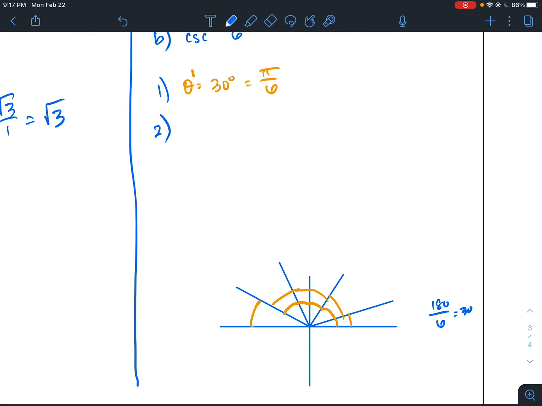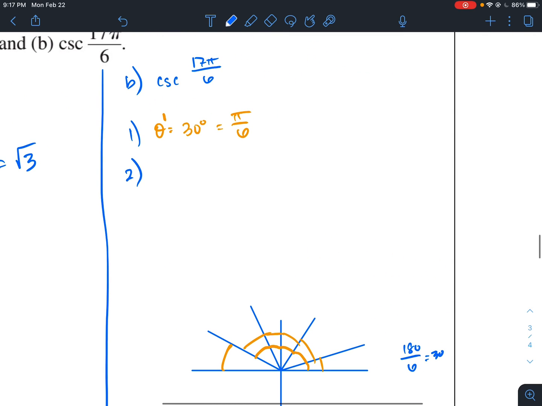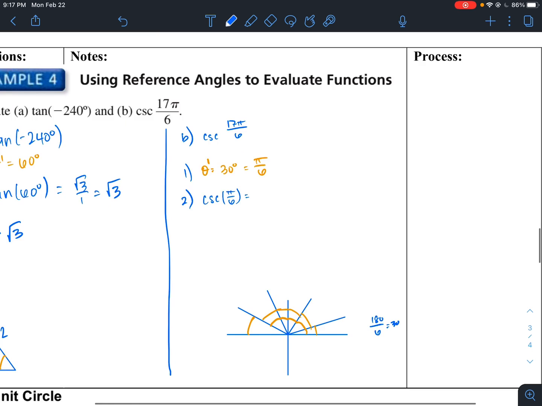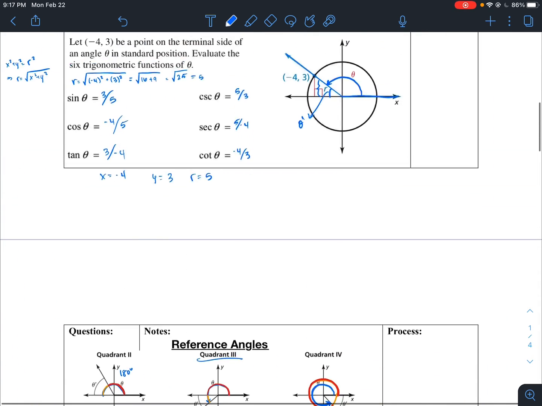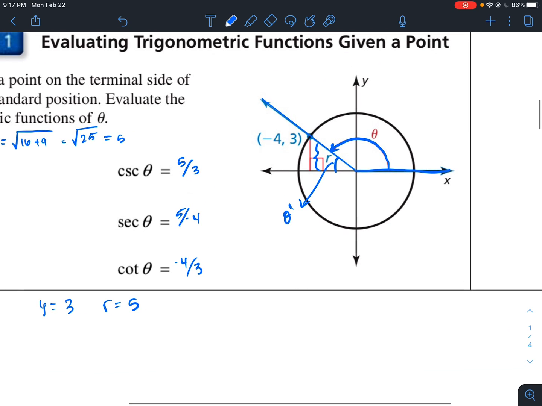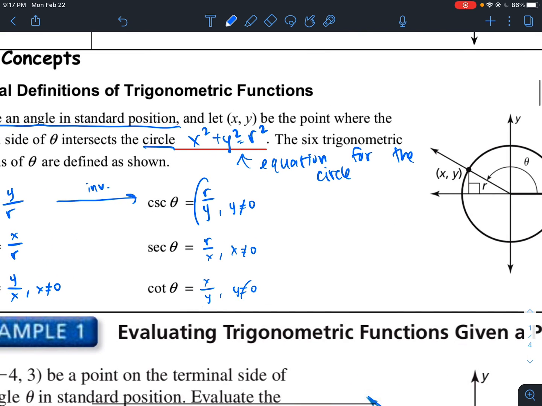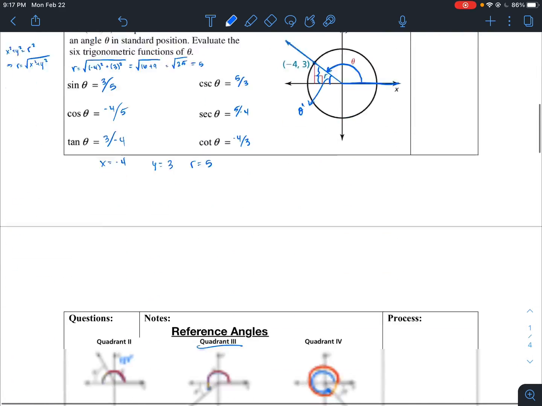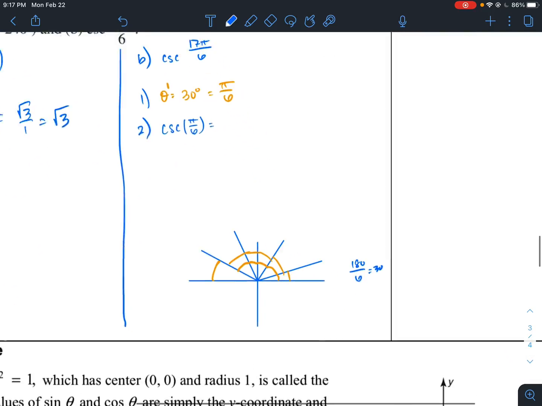So step 2, what we want to do is to evaluate the function. So cosecant of pi over 6, and cosecant, if we remind ourselves, if we go back up here, cosecant is r, the radius, over y. So the radius over y.